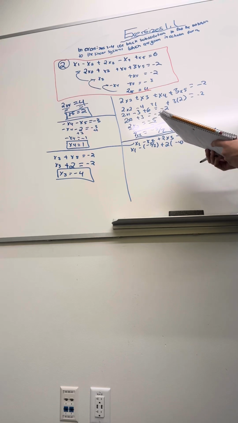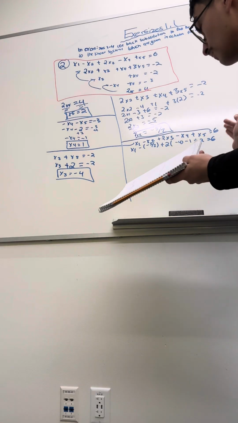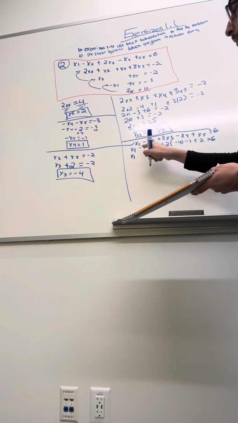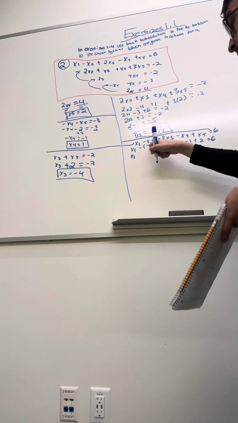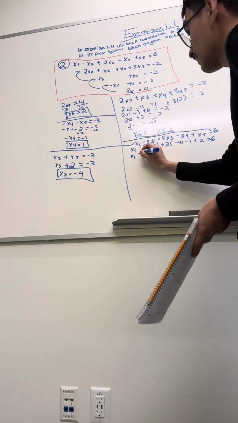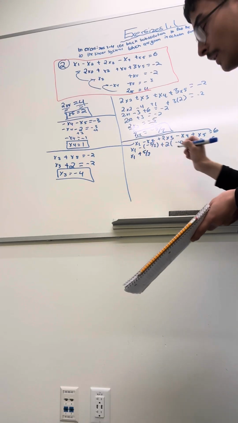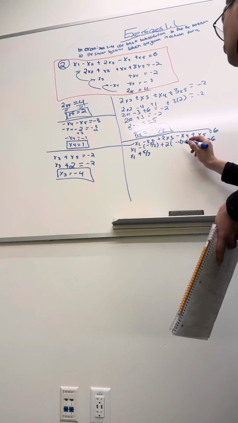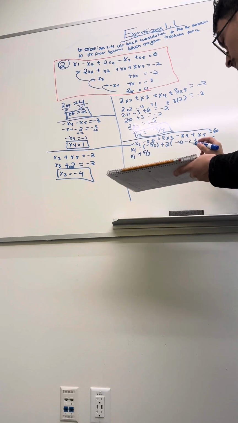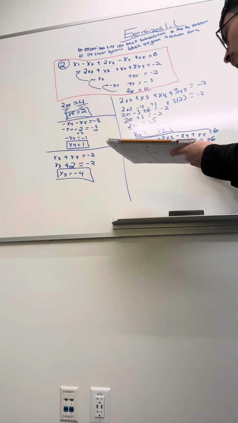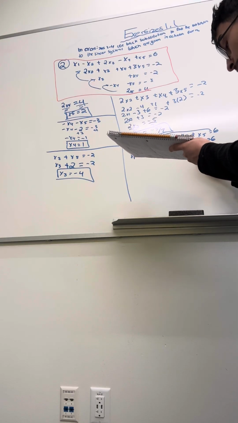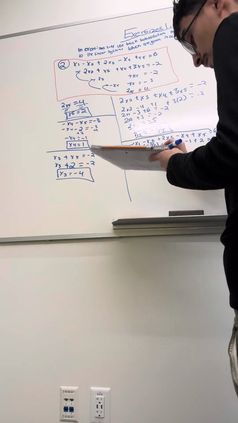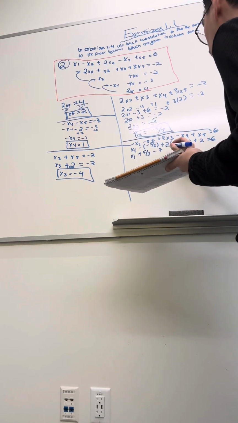So now again, we're just going to combine the easy ones first. That's what I like to do. So x1, these two negatives, minus negative 5 over 2, is going to change to a positive, so plus 5 over 2. And 2 times negative 4 is negative 8, minus 1 is negative 9, plus 2 is just going to be negative 7, and it's all going to be equal to 6.